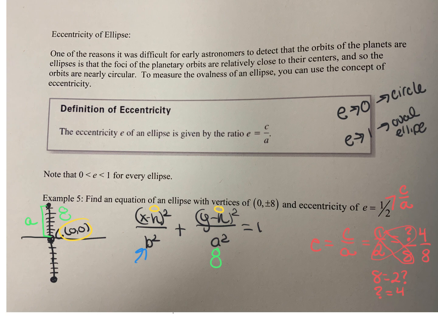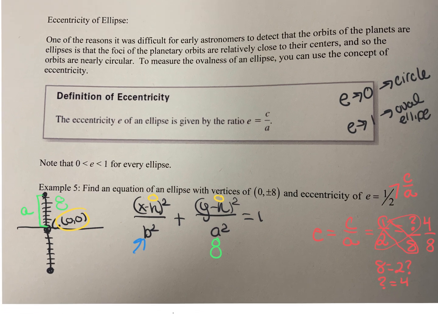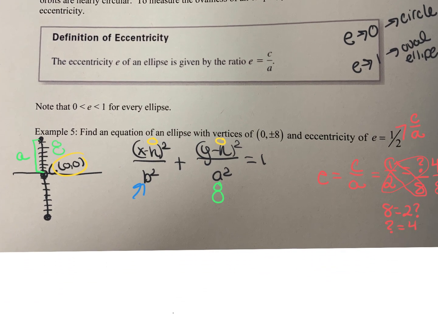Now that I know that, I can use that to find my b value, because c squared equals a squared minus b squared. C equals my 4, and a equals my 8. So I get 16 equals 64 minus b squared, so I'm going to subtract the 64 over and square root.